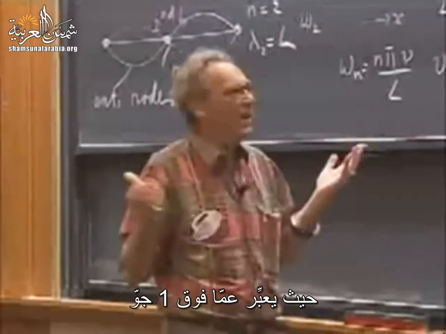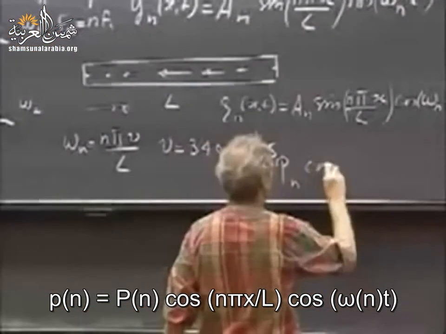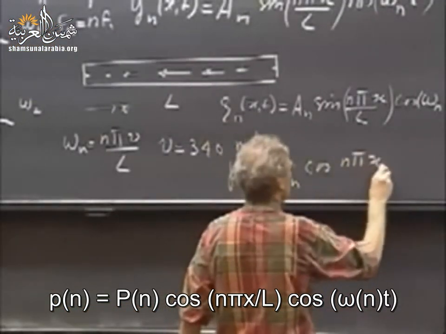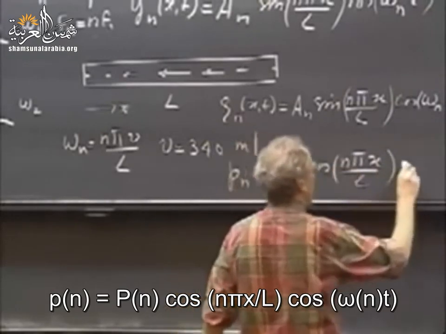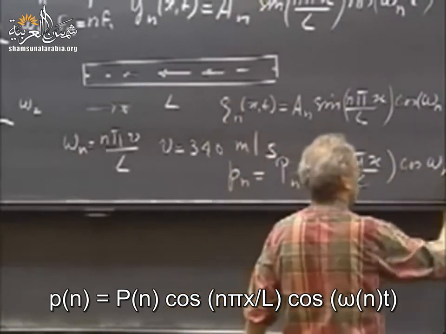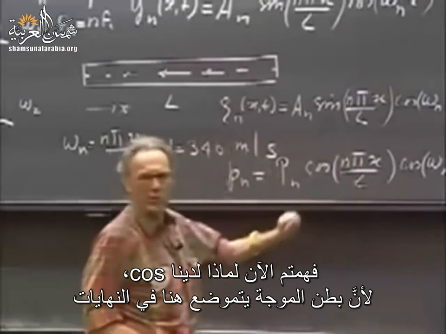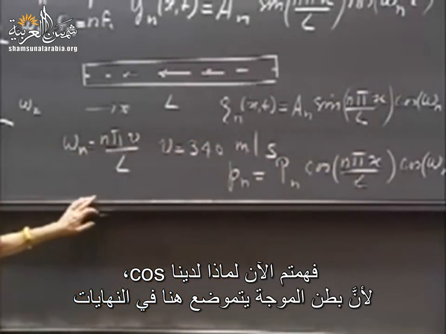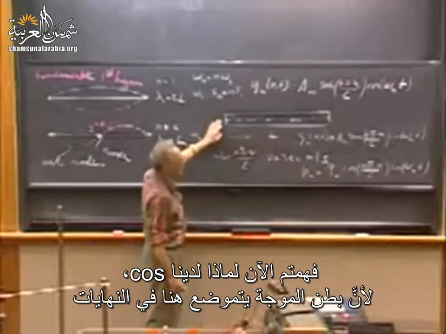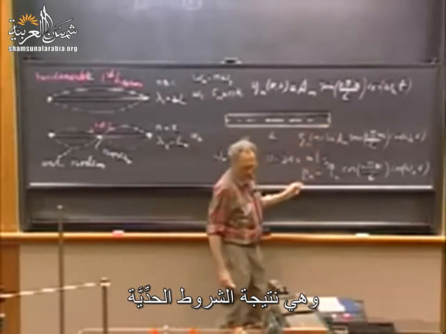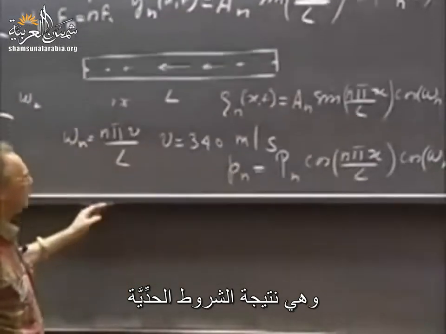I give you just a P_n, and now I get the cosine of n pi x over L, and then I get the cosine of omega_n t. And you understand now why you get the cosine, because the antinodes are now here at the ends, which is the consequence of the boundary condition.